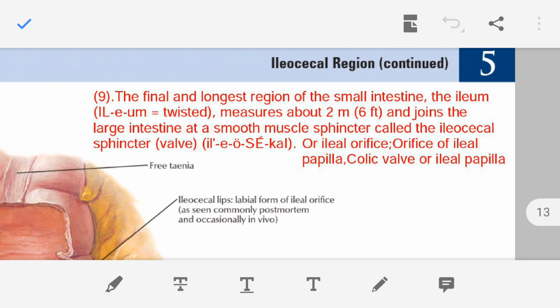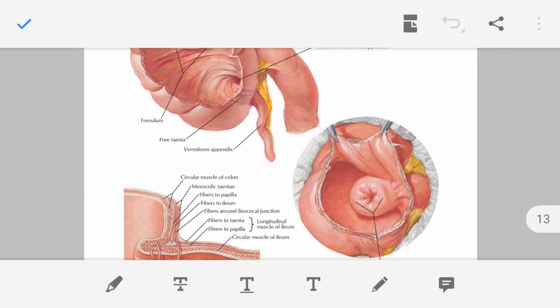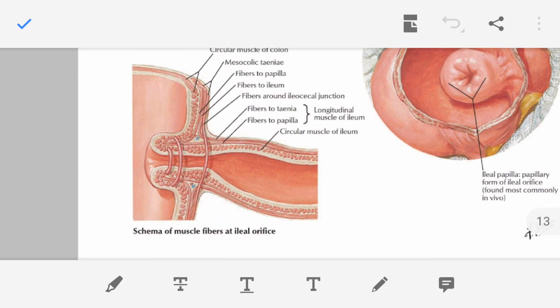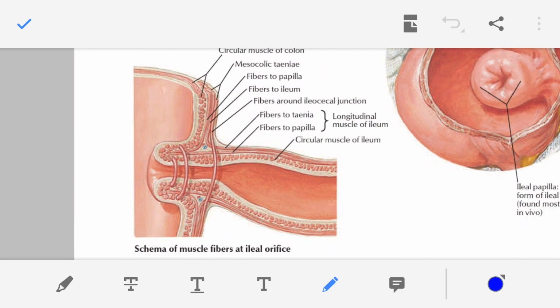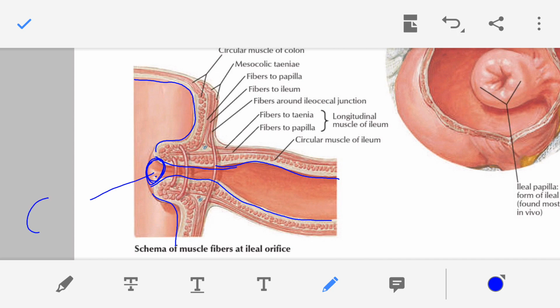First of all, what does the orifice mean? You see, this is the lumen of the small intestine, and it is merging with the lumen of the large intestine. So this part is the opening of the small intestine into the large intestine, and this is known as the orifice.